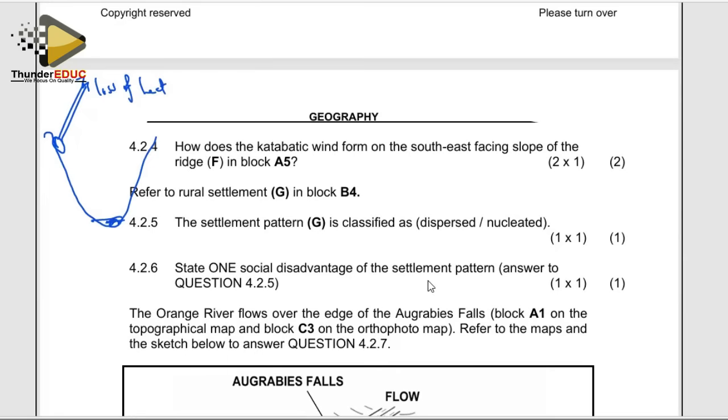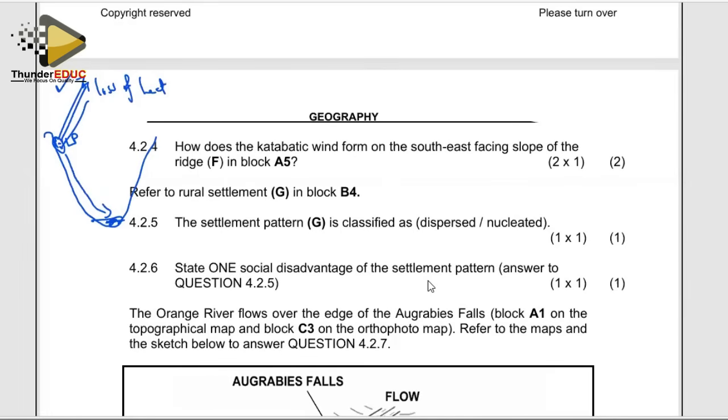So this loss of heat results in a low pressure forming. Because there's excessive loss of heat due to long wave radiation at night, the air which accumulates here becomes excessively cold and it becomes denser. It sinks because of gravity. It sinks into the valley floor. That is how we experience katabatic winds.